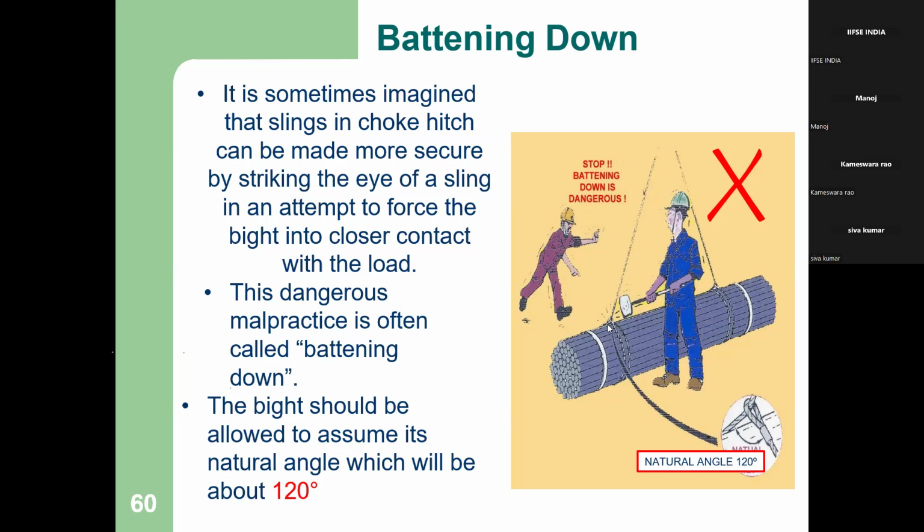The stress is not proper here. Like in this picture, naturally you'll get it here. So what the rigger does is he hammers this eye close to this particular lift. This kind of thing is battening down. Now battening down is usually not allowed because there is a chance that the sling may get damaged.